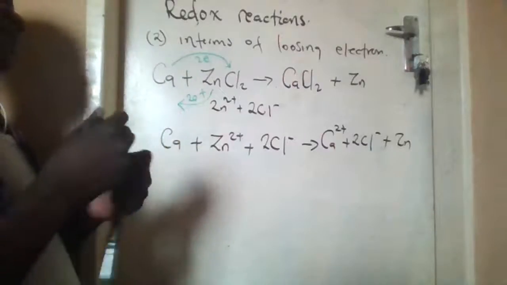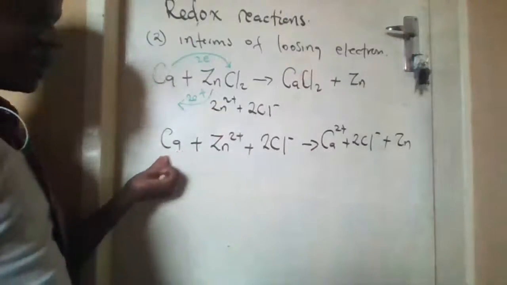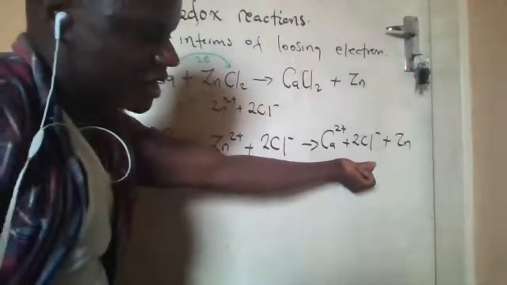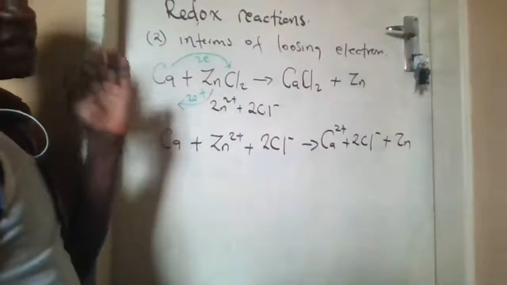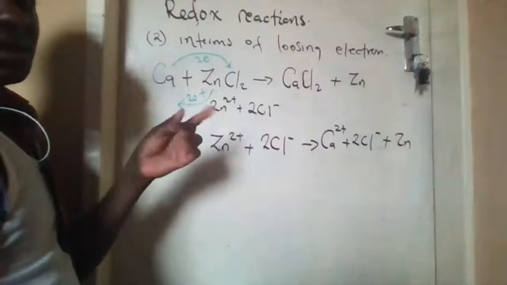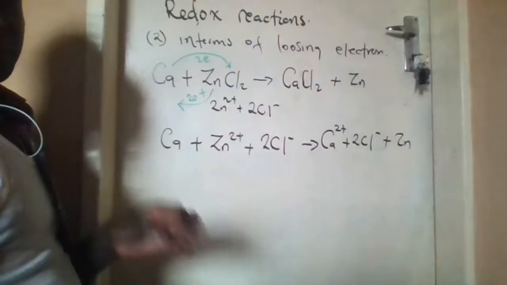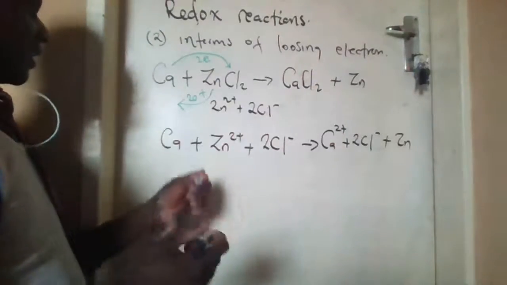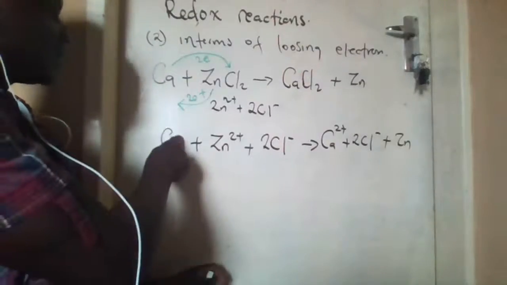And once you have that, remember what I said. If you have the chemical species on the left also appearing on the right, having the same charge, the same oxidation state, the same element, you cancel it out. Why? That is a spectator ion. So if you look at calcium, calcium is a standalone. It does not have a charge here.